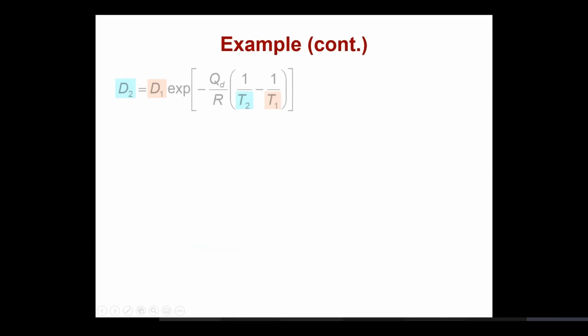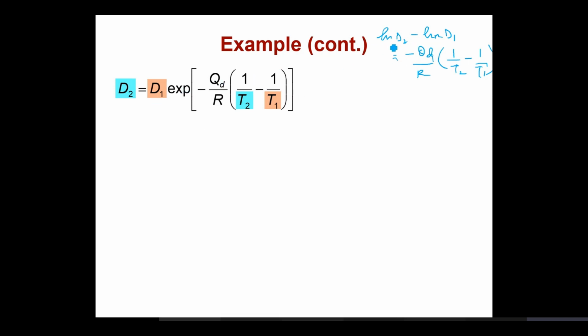With this equation over here, so I had the equation ln D2 minus ln D1 equals minus QD over R times 1 over T2 minus 1 over T1.